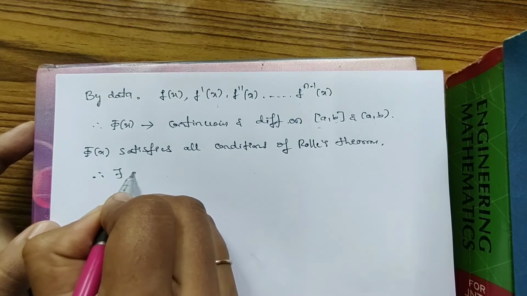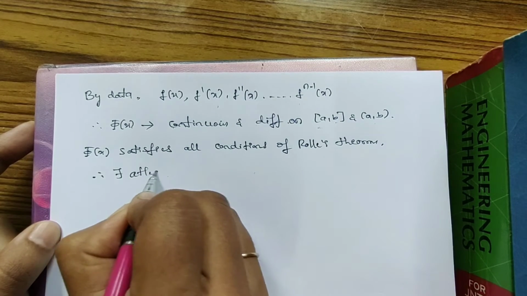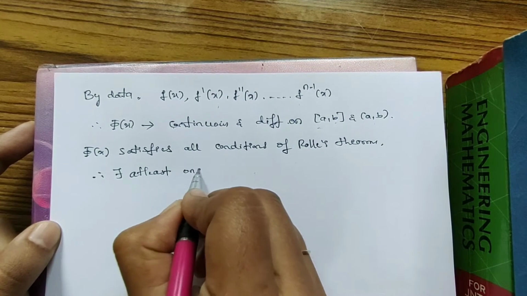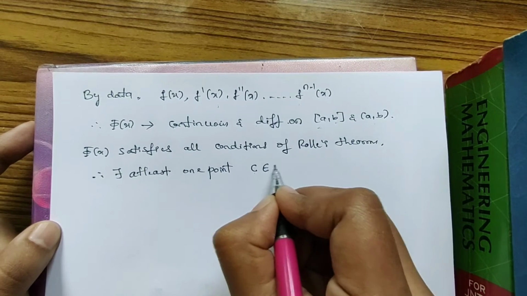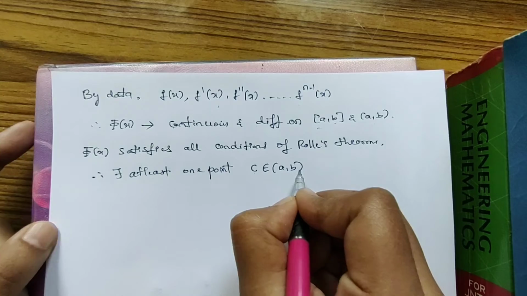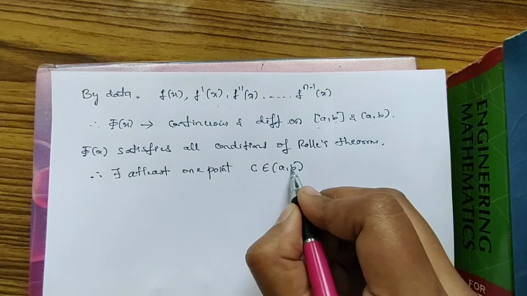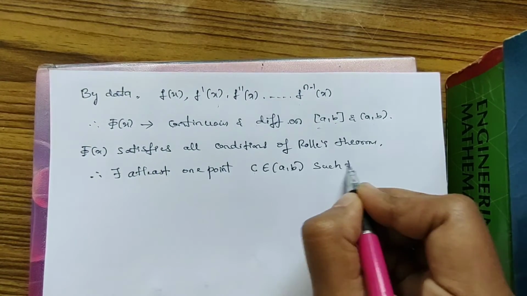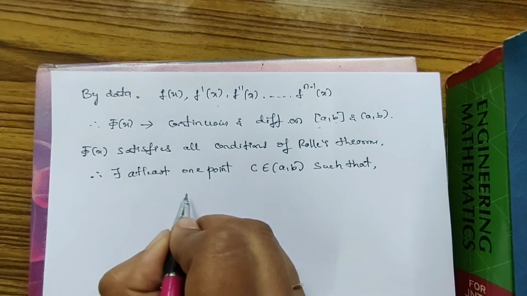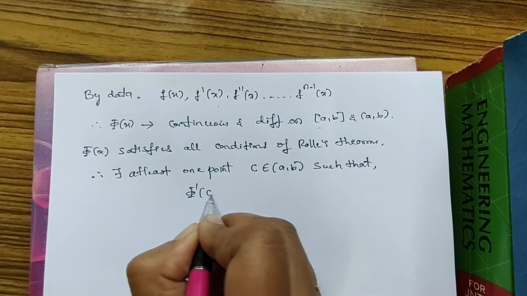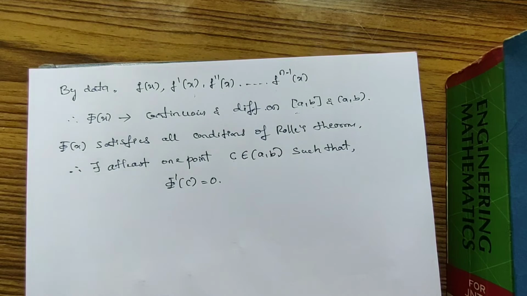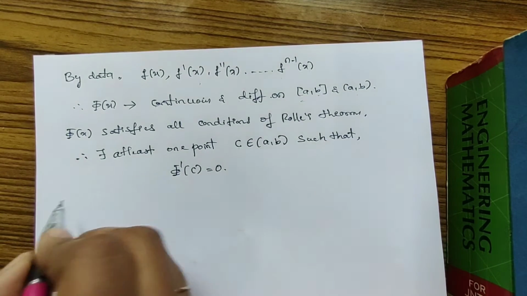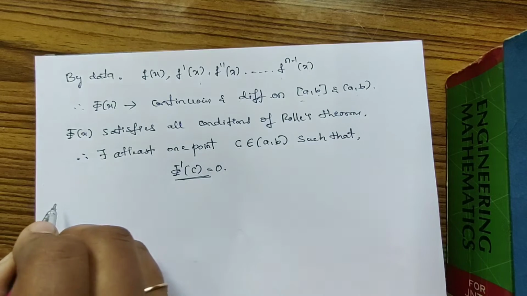Therefore there exists at least one point c, and this c belongs to the open interval a comma b, such that, what is the condition? Such that pi dash of c is equal to 0. We will use this condition later.